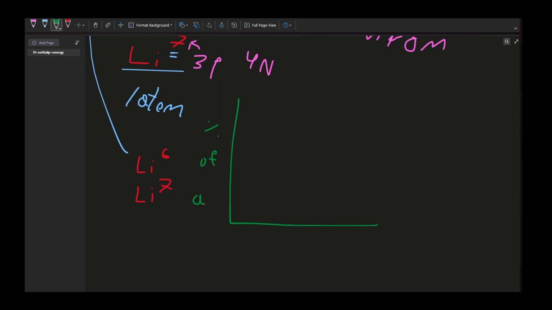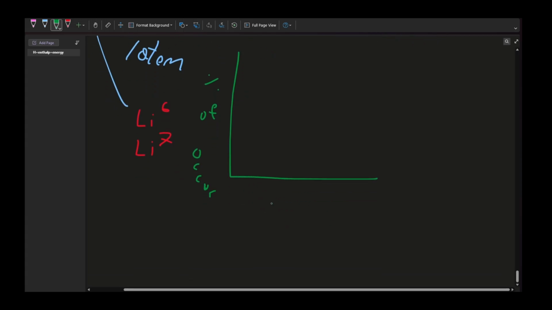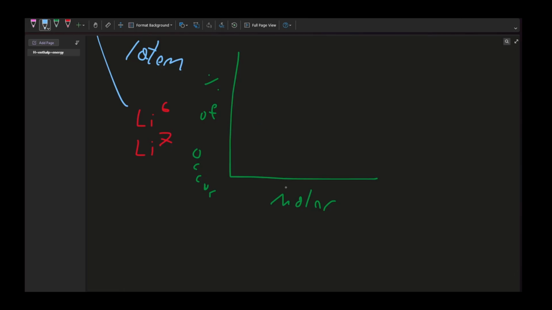So how often it occurs, percent of occurrence, just to make it simpler. They'll call it percent of abundance. I'm pretty sure different chemists use different names. And down here, it'll be ranked by molar mass, and it'll make this bar chart.